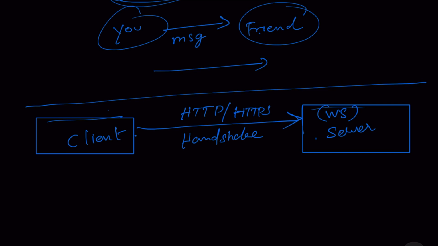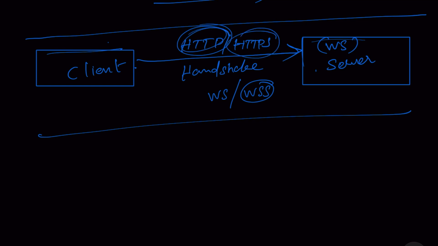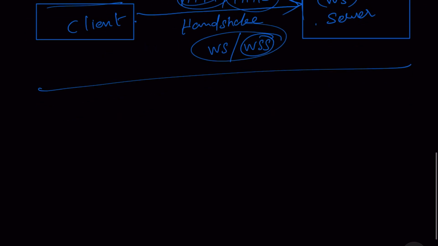So the server then upgrades this HTTP protocol to a WebSocket or a secured WebSocket protocol. WSS is for the secured one. This is very important to understand. The first connection starts with HTTP or HTTPS, and then it gets upgraded to WebSocket, the WS protocol.